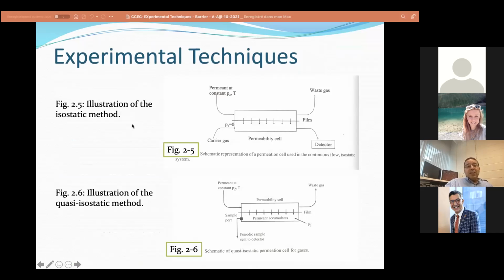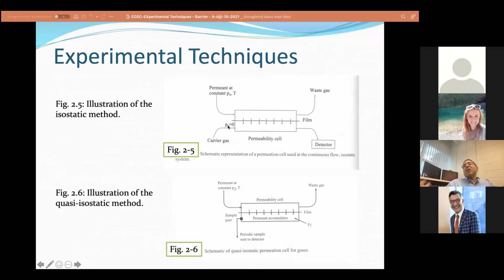They work on the isostatic method as follows: you have an isolated cell in which a gas at a certain concentration, or partial pressure P2, comes in. Then you have your film, the gas permeates through the film, and you have a carrier gas on the other side.